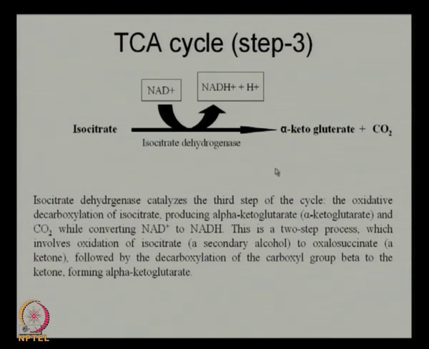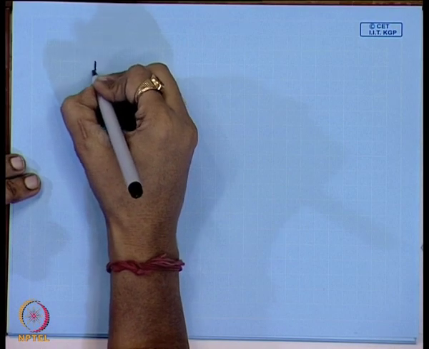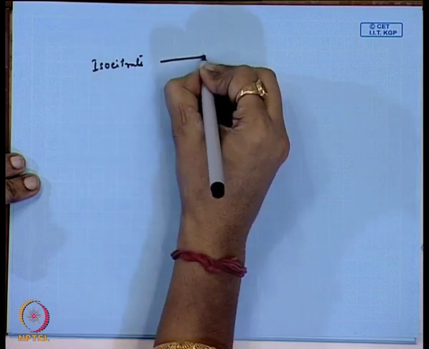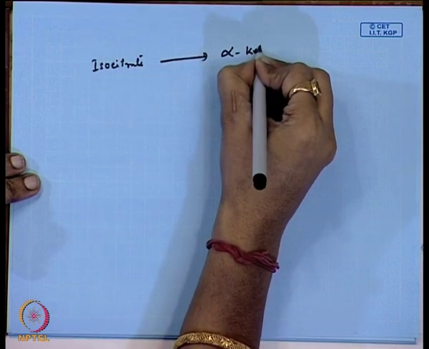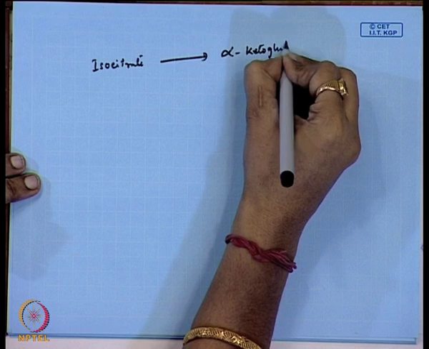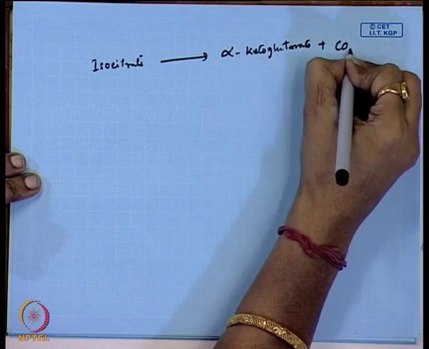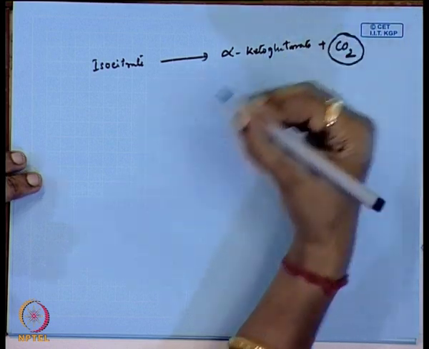In the third step of the TCA cycle, isocitrate is converted to alpha ketoglutarate, and it releases one molecule of carbon dioxide.